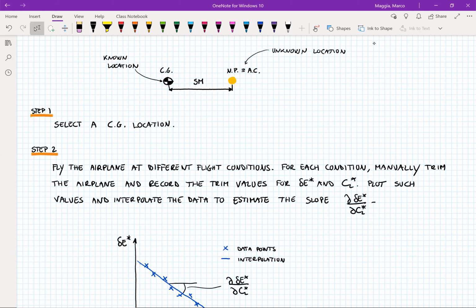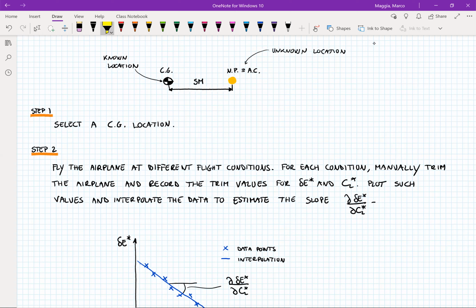So we start by selecting a center of gravity location. So we're just going to fly the airplane. We have the ability to rearrange the mass somehow in the airplane. So we know, or we have an estimation on where the position of the center of gravity is.